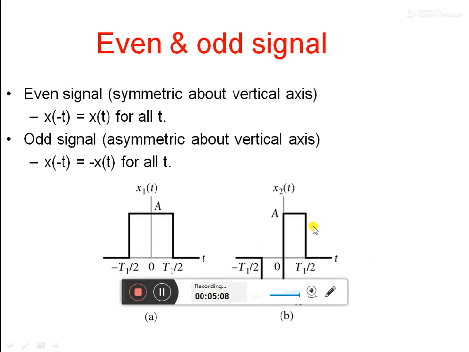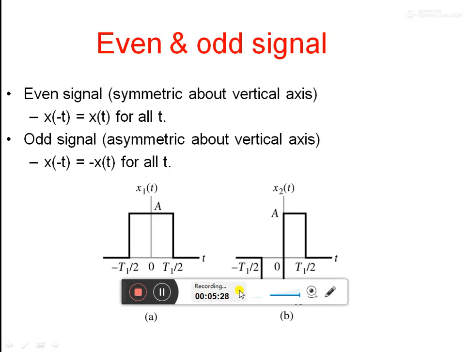If the amplitude of the signal is A on the positive time axis, here it will be minus A. So those signals are classified as even and odd signals. Even signals are symmetric, and odd signals are considered asymmetric about the vertical time axis.